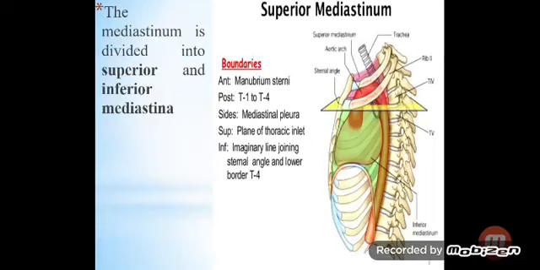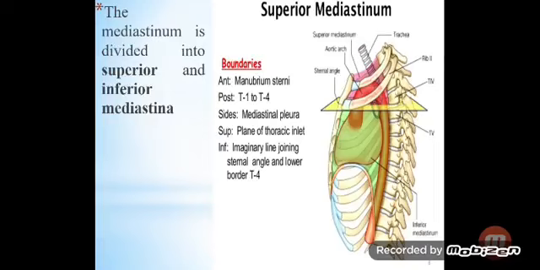Then the inferior mediastinum will be more subdivided into anterior, middle, and posterior mediastinum by the presence of the heart with its surrounding pericardium. Middle mediastinum is the site of the heart with its surrounding pericardium.